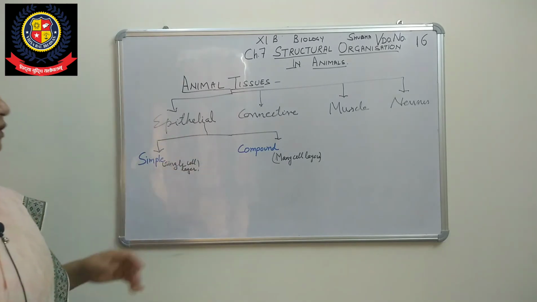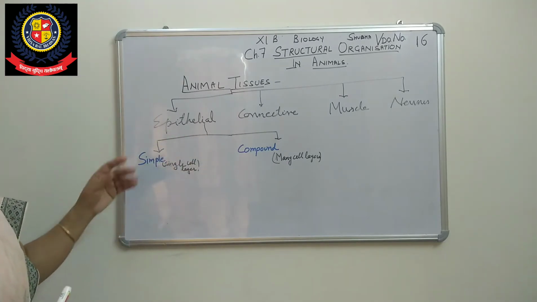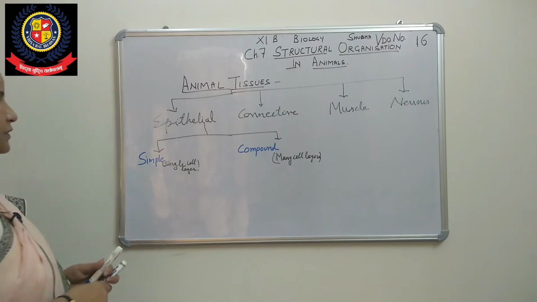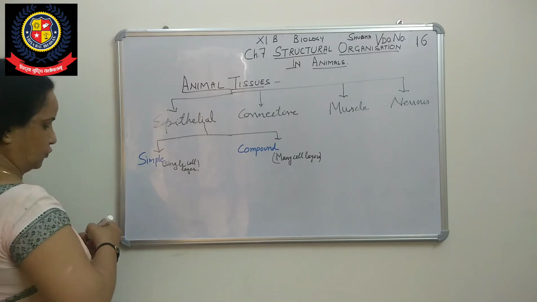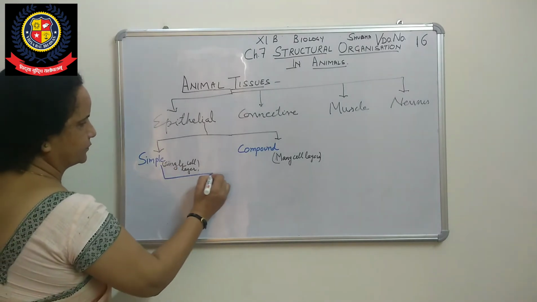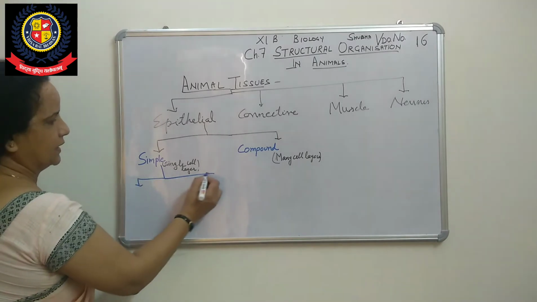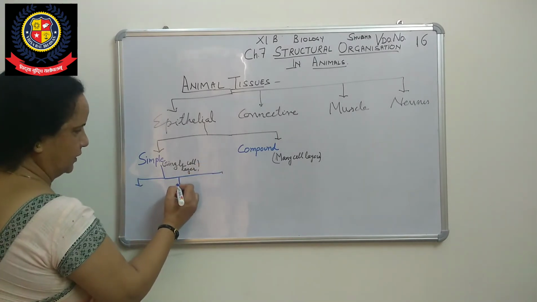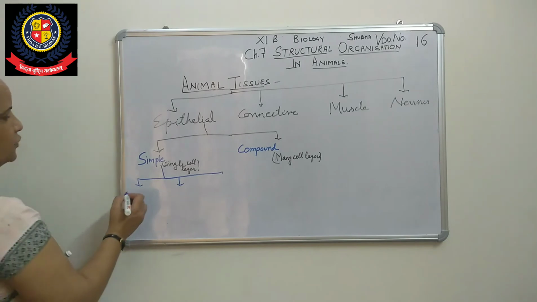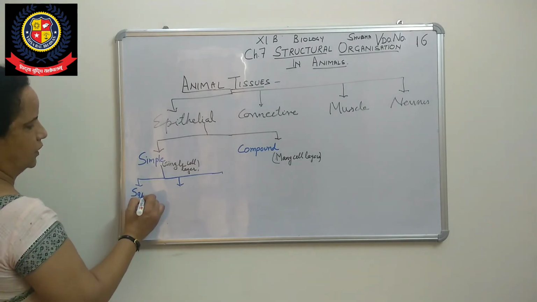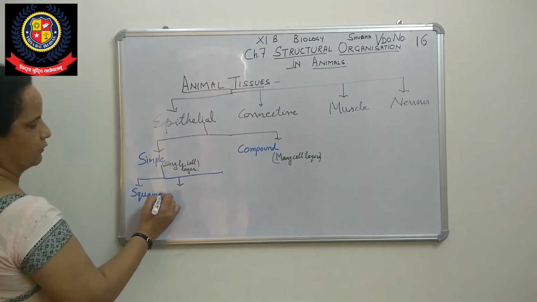Now let us come to simple epithelial tissue. Again there are three types mainly. The first one is squamous. Have you heard this name?